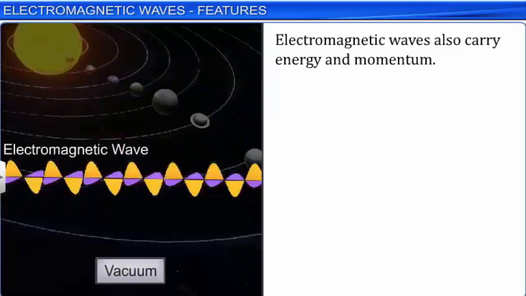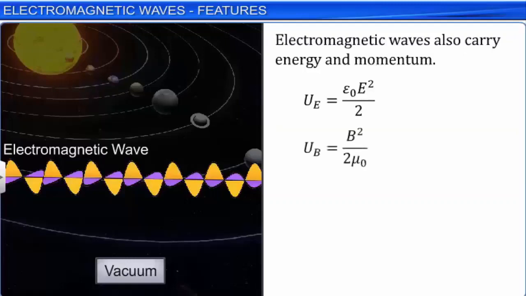We have learned that the energy density associated with the electric field in free space is written as UE is equal to epsilon naught E square by 2. And the energy density associated with the magnetic field in the free space is written as UB is equal to B square by 2 mu naught.